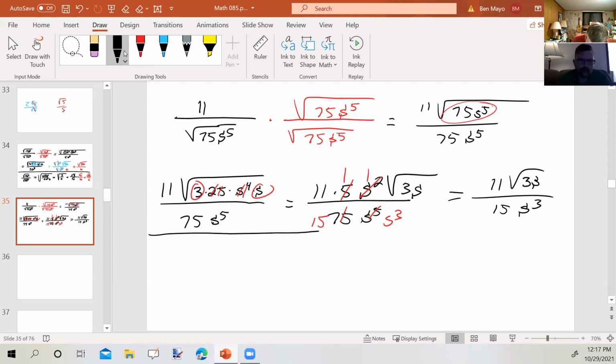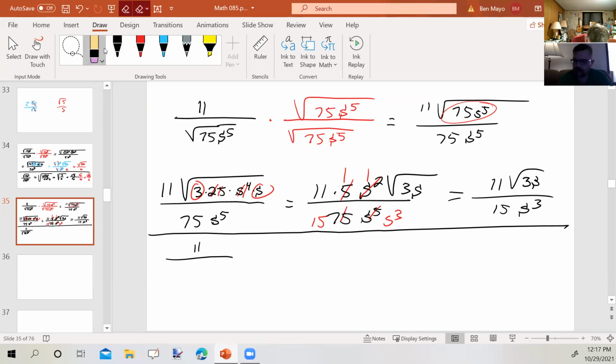Now, let's go back and look at it a different way. Let's see if we can look at it a way that's actually legible. Penmanship is not my forte, but you already knew that. What I'm going to do before I rationalize the denominator, I'm going to simplify the denominator.